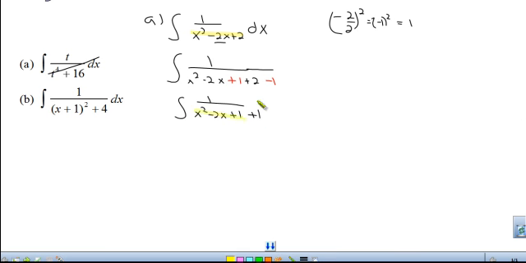So if I complete the square, if I factor that, I get x minus 1 squared plus 1.